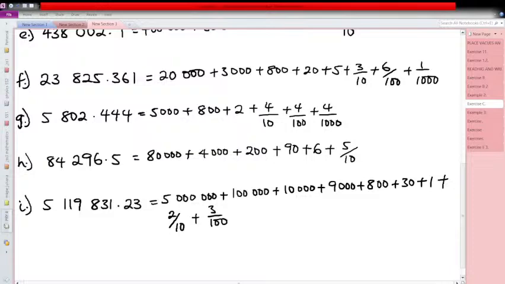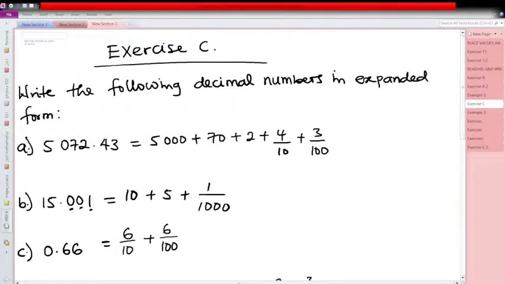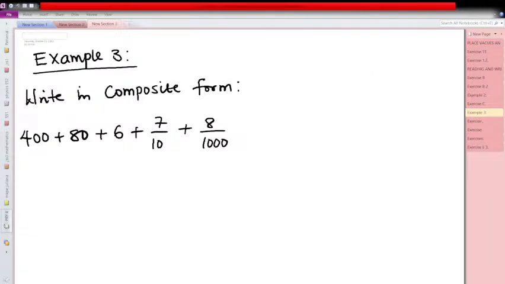So, having learned how to write decimal numbers in expanded form, I will now give you this to do. Okay, let me solve this. This is an example that you have to write in composite form, which is the opposite of what we just did.